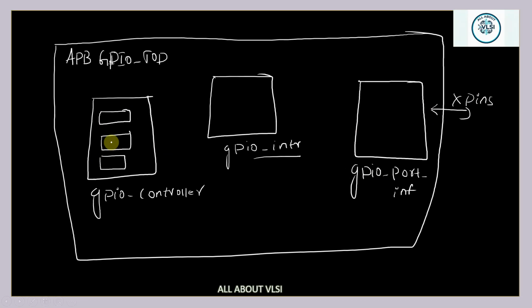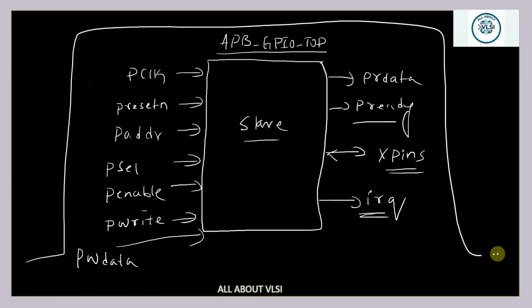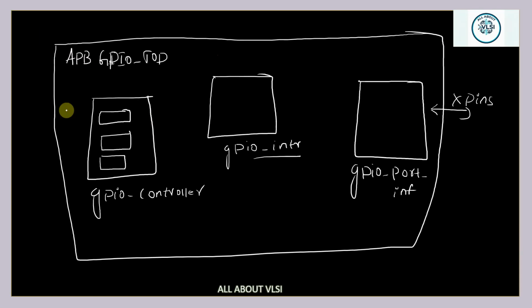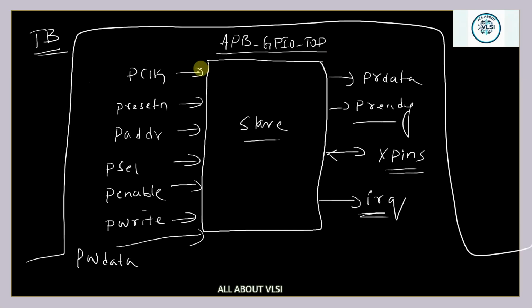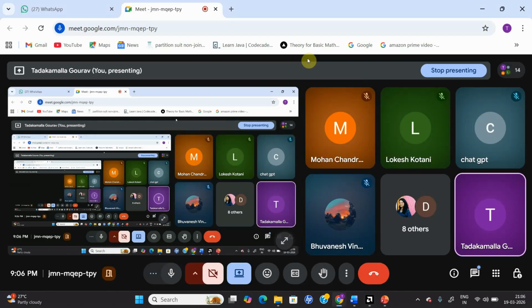This is what we are going to do in our code, and we need to test this APB GPIO top, so we are going to write a testbench. This design internally contains three modules that we need to instantiate in this APB GPIO top. Is it clear, guys? Up to here, any doubts or queries?